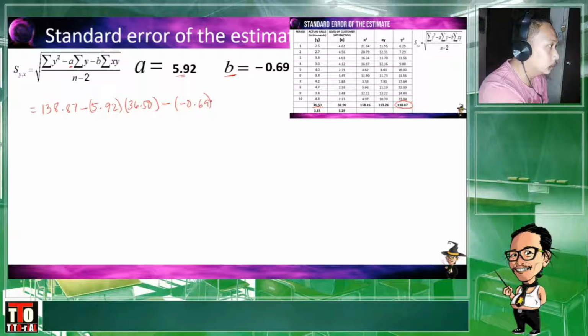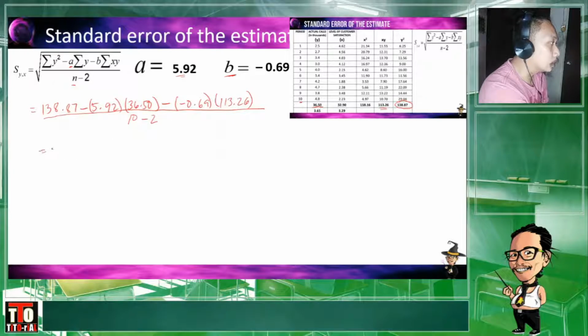Tapos yung summation ng XY natin, which is ito naman, 113.26. So, 113.26. Yan. Over, sorry kung hindi straight, and minus 2. So, again, since meron tayong 10 period, so, 10 minus 2.